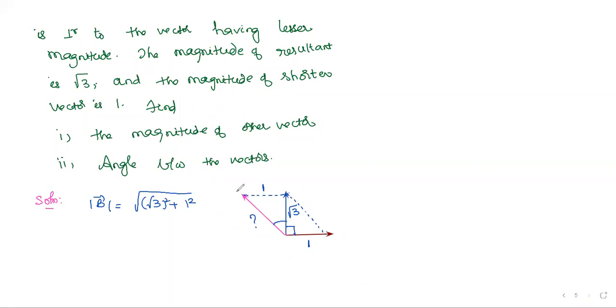Hypotenuse is equal to side square plus side square, Pythagoras principle. Then this will be √4. You will get 2. And this angle here, suppose say phi. Then tan phi is equal to the opposite side by adjacent, 1 by √3. That implies phi is equal to 30 degrees.